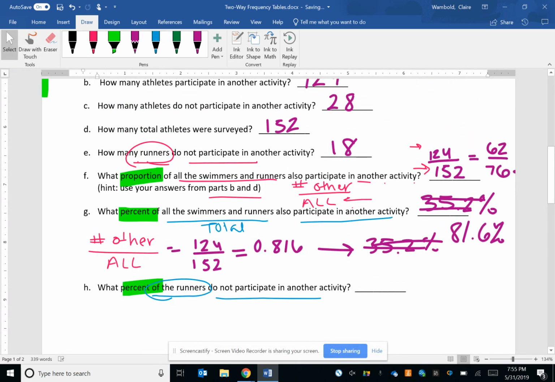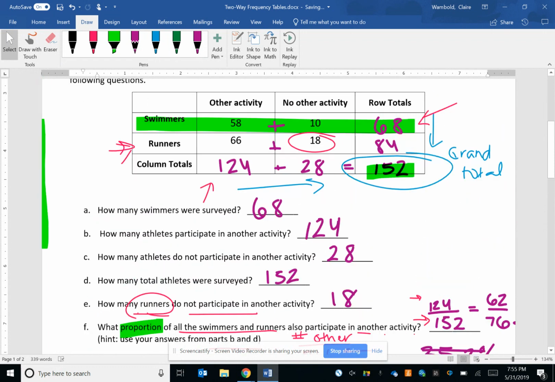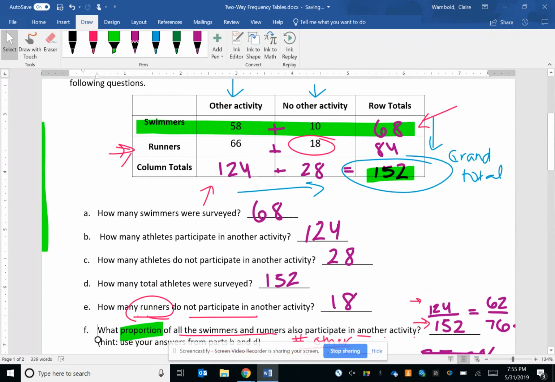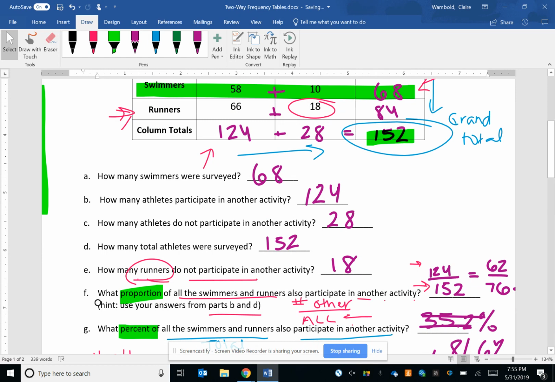So, there are how many runners? That's the first thing we need to know. There are 84 runners, and 18 of them do not participate in another activity.